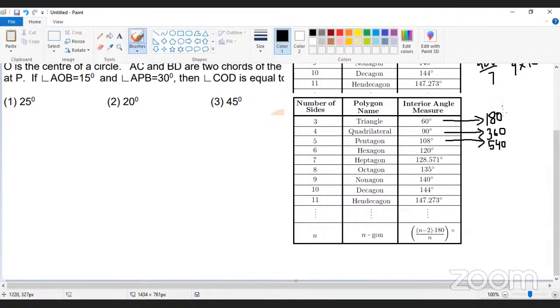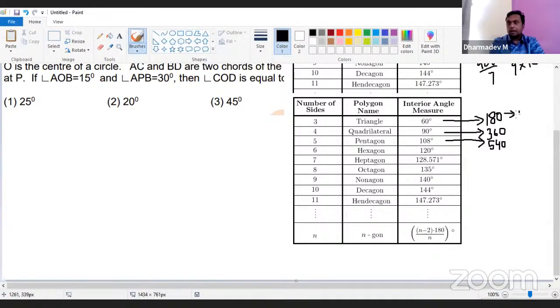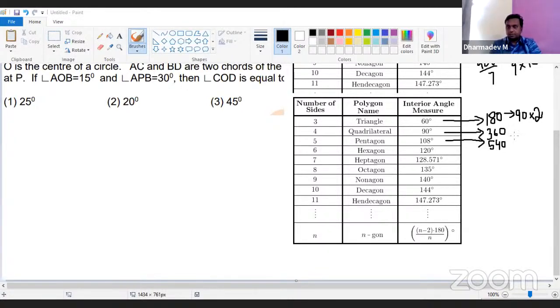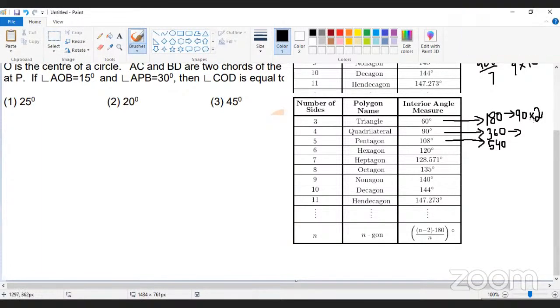Now, what is the logic behind this? 90 degrees, that is a right angle, multiplying it by 2 gives me 180. Are you getting it? Yes, sir. Okay, good. Next, when I take 360 degrees, 90 times what will give me 360? 4, sir.